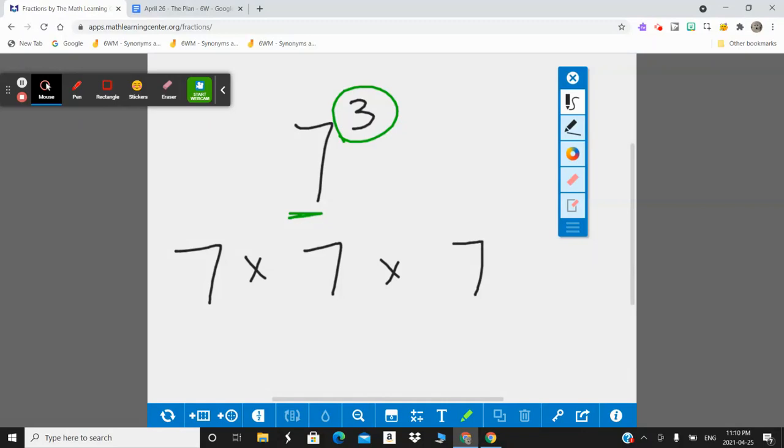So I know that 7 times 7 is 49, and 49 times 7 is 343. Always recommend if you're using the calculator, you check your math again, just to make sure that you didn't accidentally hit the wrong number, the wrong digit, the wrong operation. It's always multiplication when you're working with an exponent.